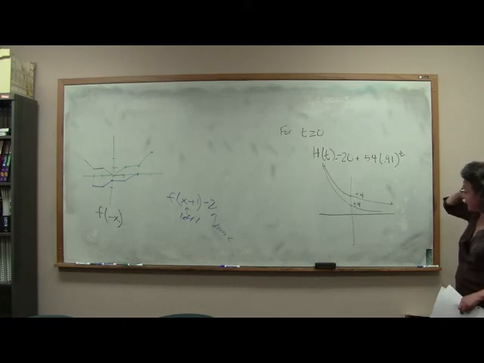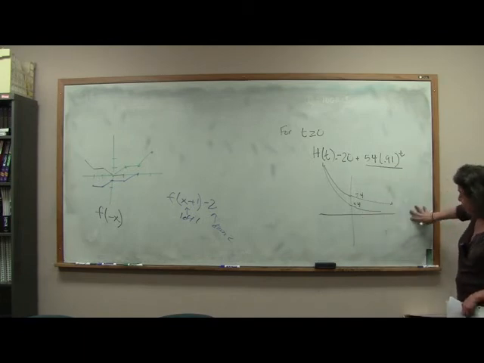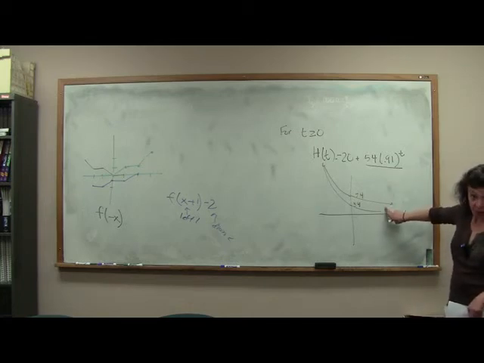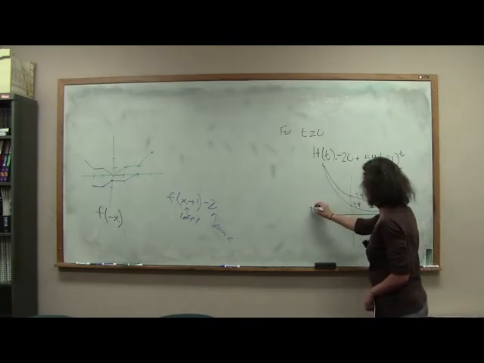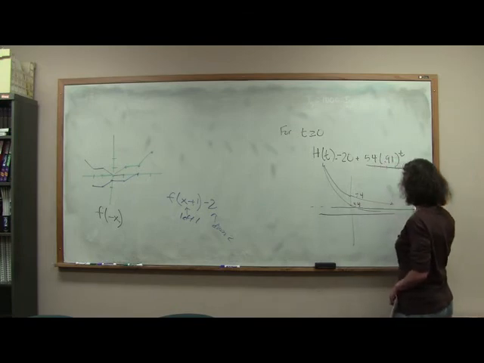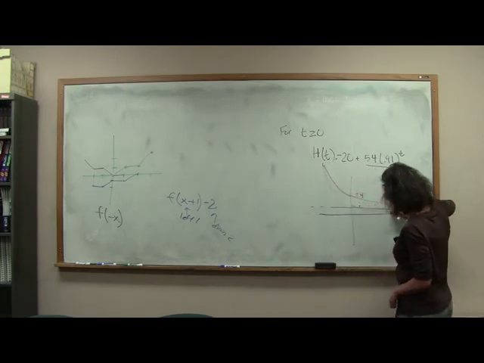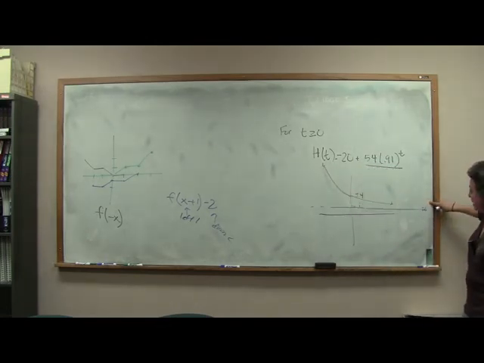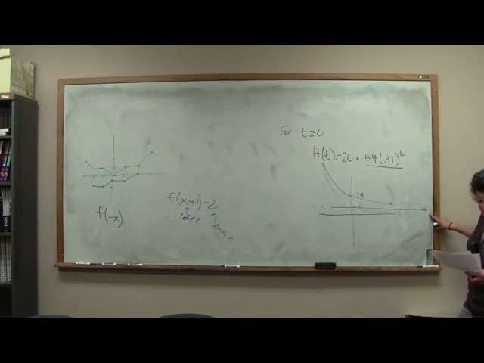Now, let's talk about our horizontal asymptote. For just this part, as x gets large, our horizontal asymptote would be at 0. But since we're adding 20, for this graph here, our horizontal asymptote is at 20. Okay? So that's what we're looking at. In other words, as time goes on, our bowl of soup is going to cool off to 20 degrees. Okay?